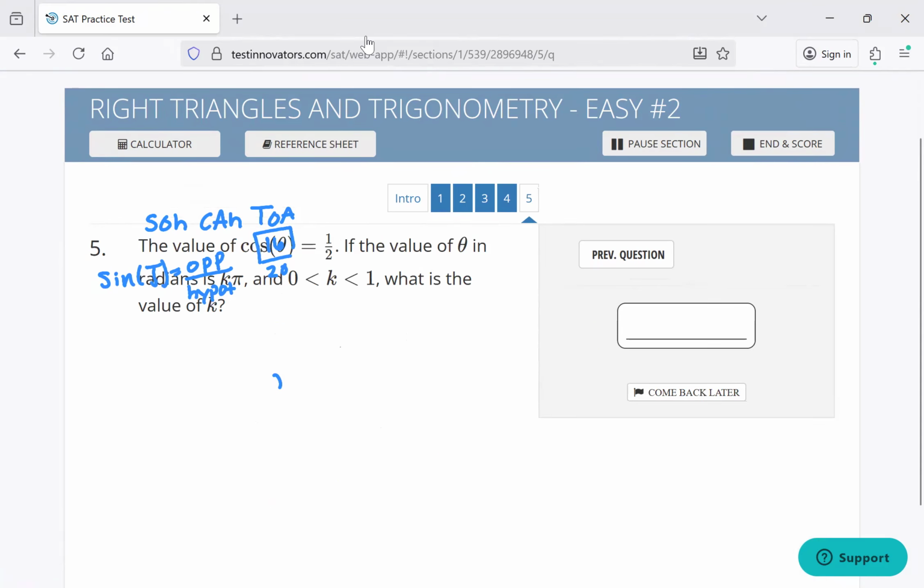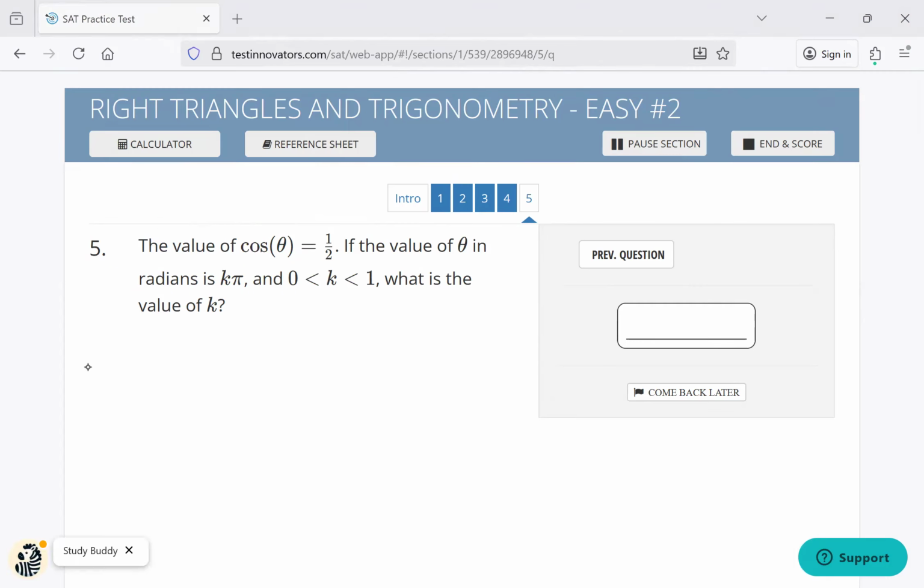Okay, question 5. So the value of cosine theta is 1/2. If the value of theta in radians is k pi and k is between 0 and 1, what is the value of k? So cosine theta is 1/2. Oh yeah, I remember this one. Okay.